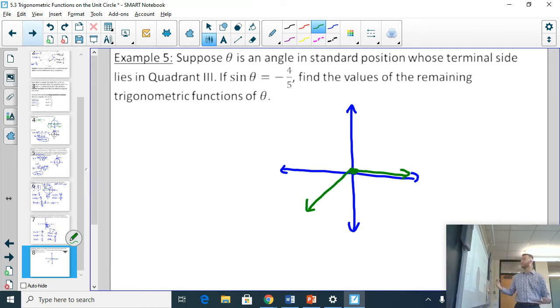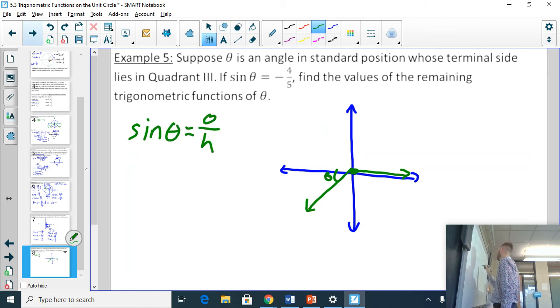I don't know what it is, but this is going to be my reference angle here. And it's telling me that sine of that angle is going to be -4/5. Well, remember, sine of theta, SOHCAHTOA, is opposite over hypotenuse.